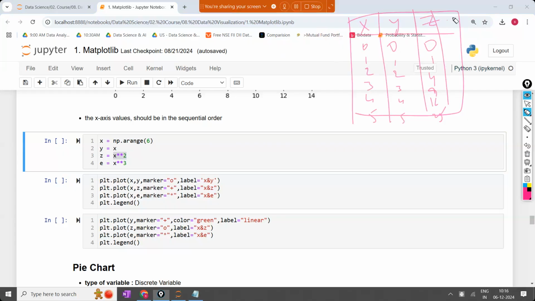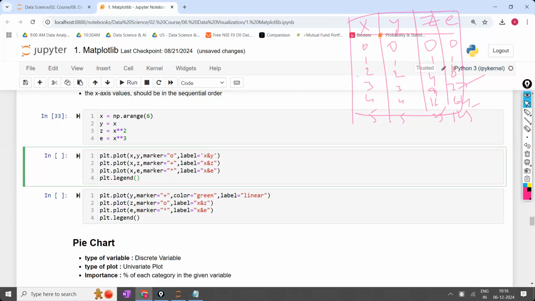Next, the cube, e = 0, 1, 8 (2 cube), 27 (3 cube), 64 (4 cube), 125. Okay, 4 columns are created.